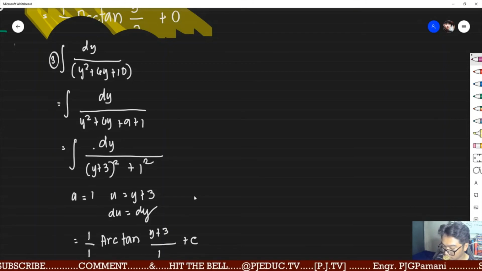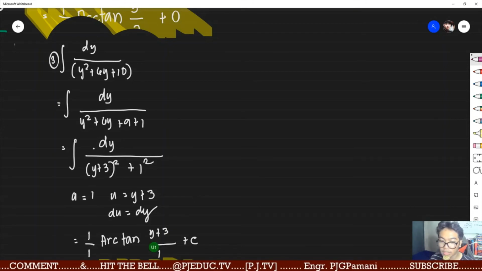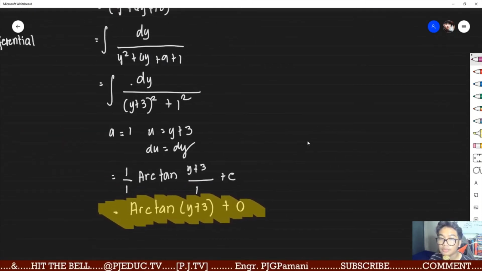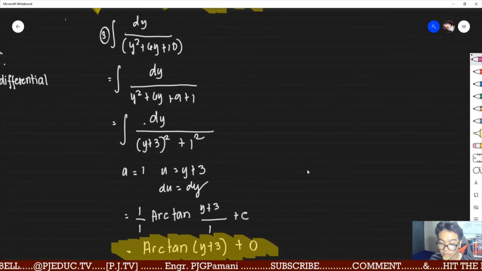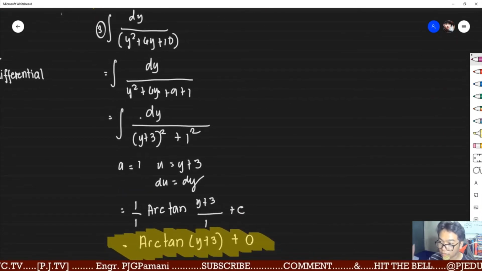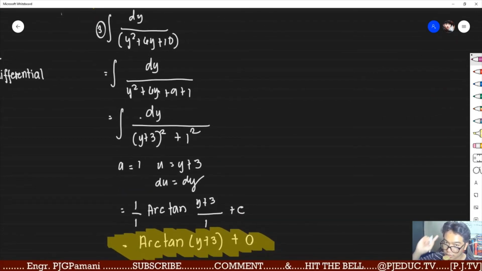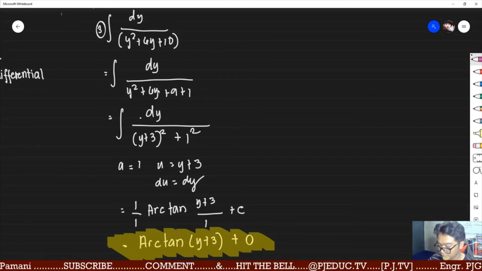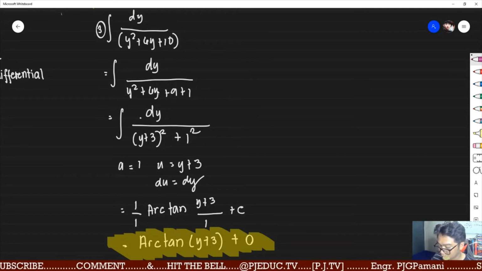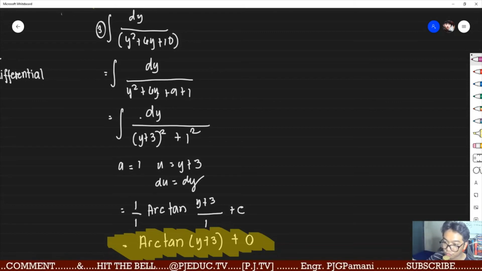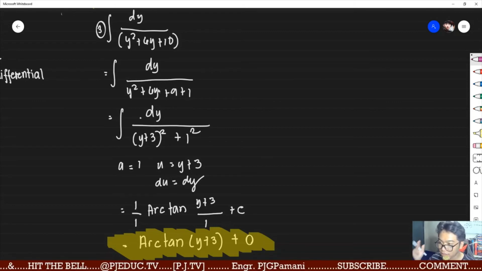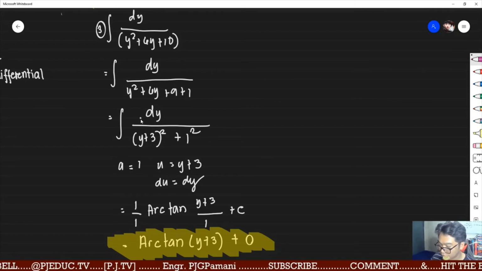So, yan na yung ating final answer. Diba? Remember your basic algebra. Huwag kakalimutan. Hanggang trigo. If you have a good foundation with your algebra, anything is possible when it comes to calculus.